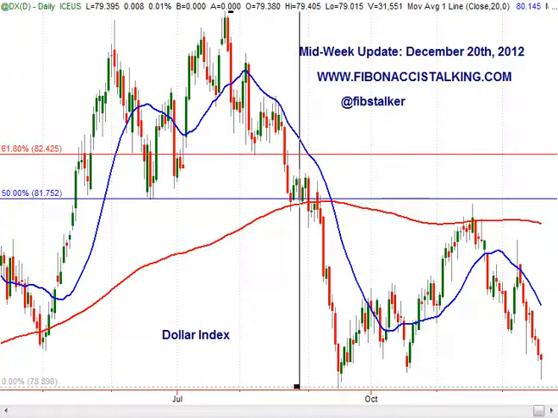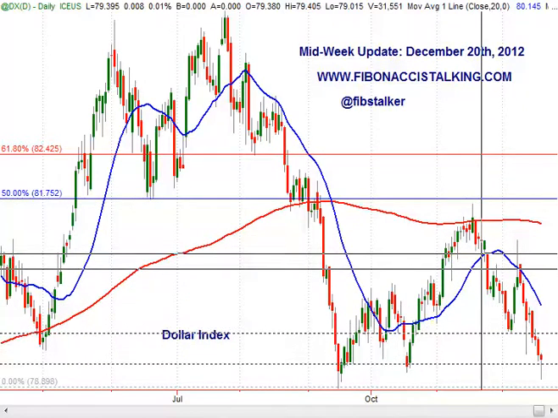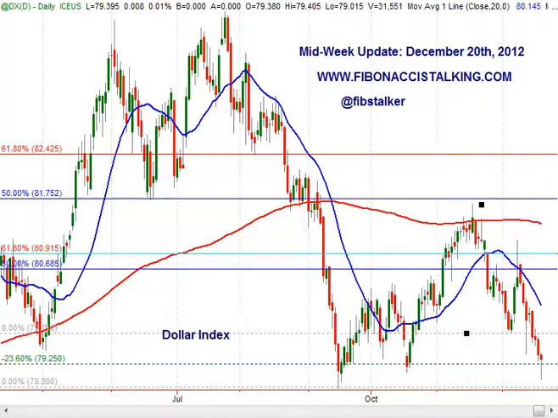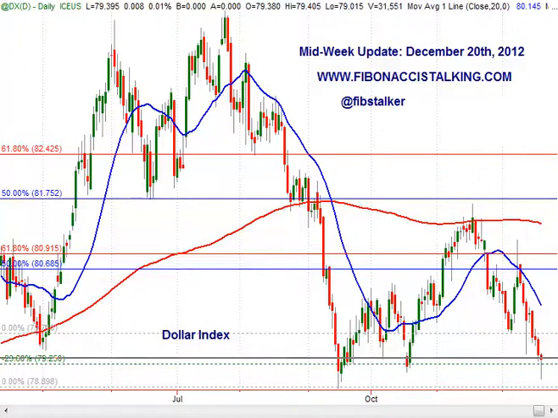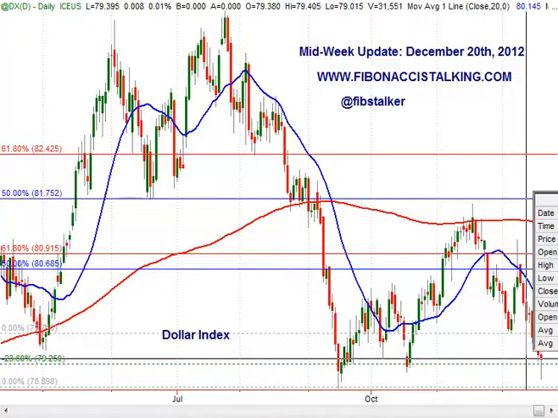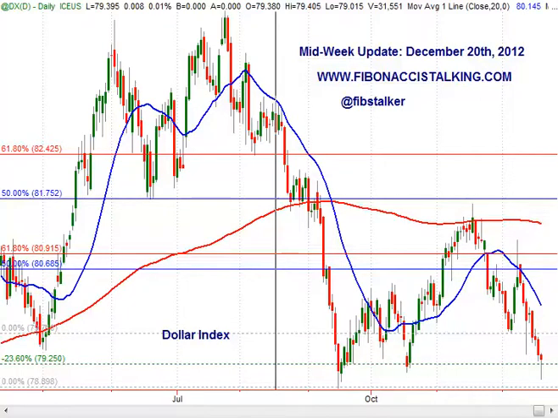Now, in the last few days we saw this huge spike. We had a spike higher on December the 8th, and then the spike lower the day of the FOMC, the Fed announcement.